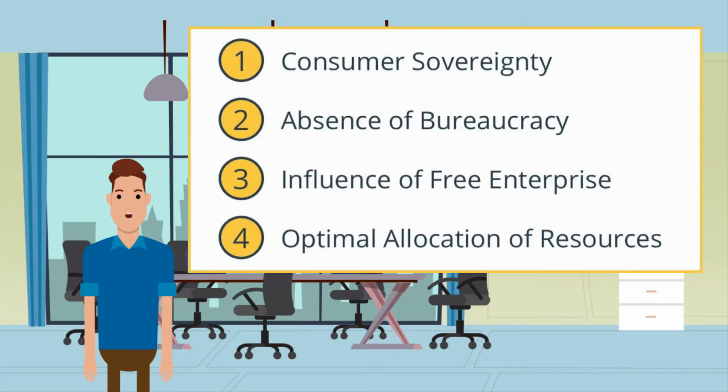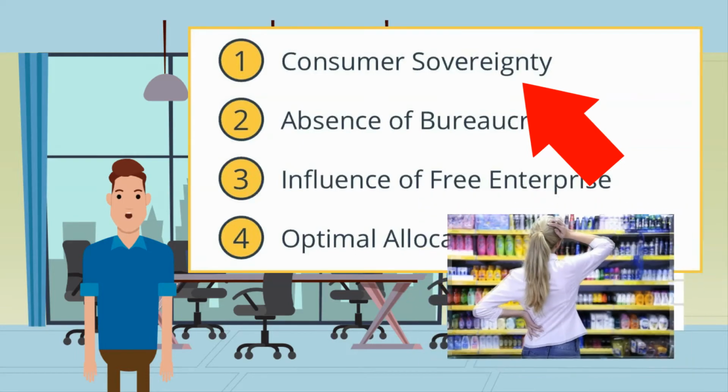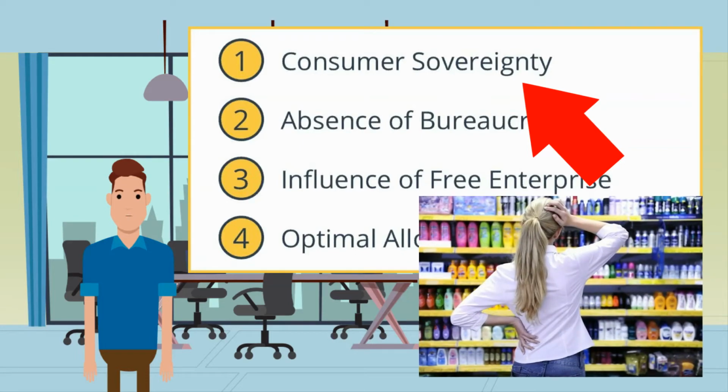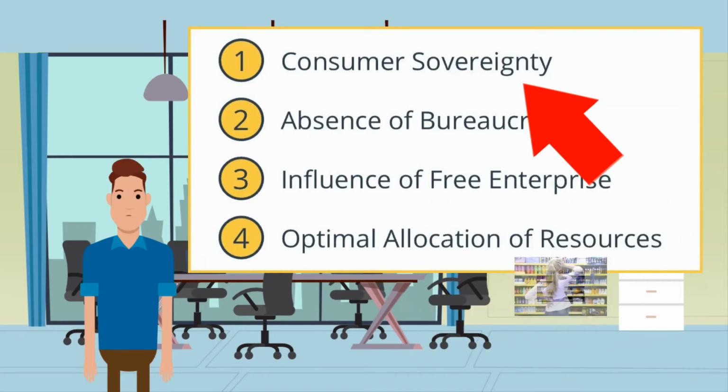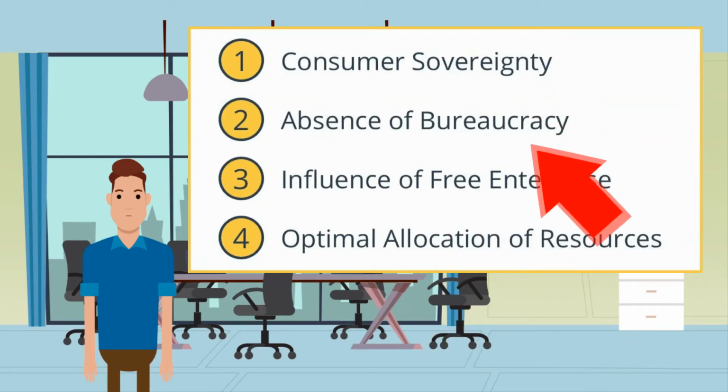Here are several of the key advantages of the free market system. 1. Consumer sovereignty. In a free market, producers are incentivized to produce what consumers want at a reasonable and affordable price. In general, consumers have more choices for what goods and services to purchase. This choice is called consumer sovereignty. 2.